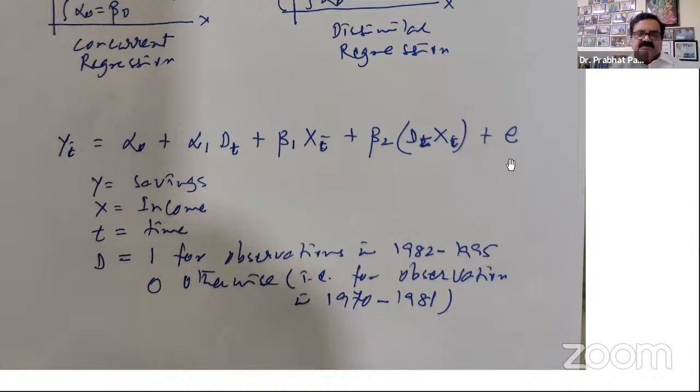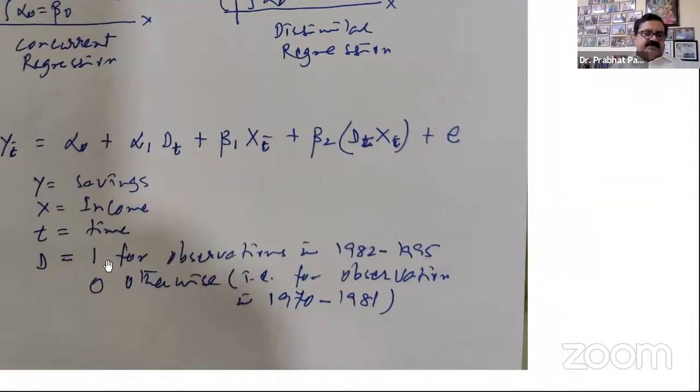And this is the equation that you have to create. You have to create one dummy, and the dummy can be created like this, where you have the one for the observation in 1982 to 1985. So you divided the two periods, and the second period is considered for the dummy, and the first period is the reference period.